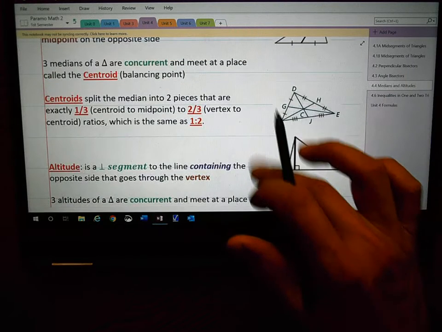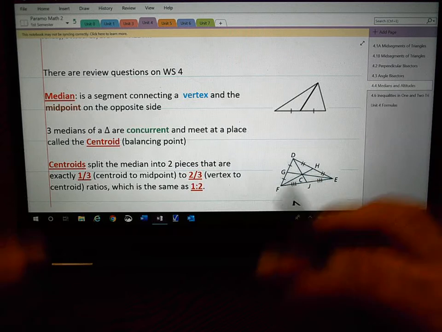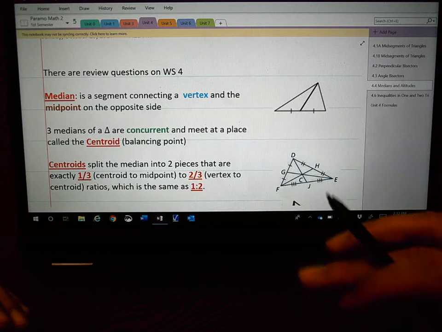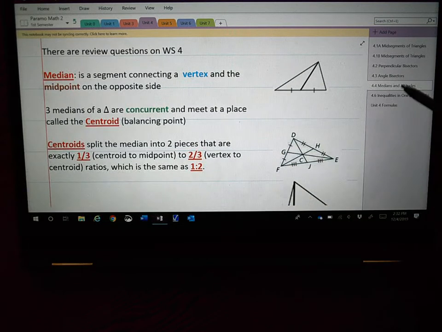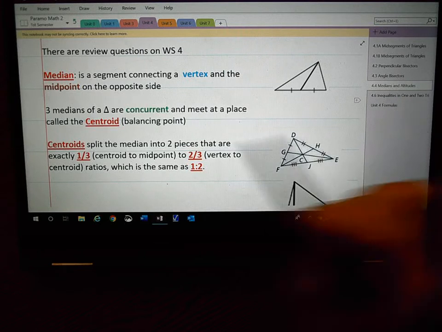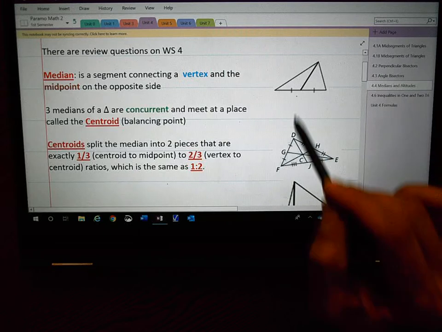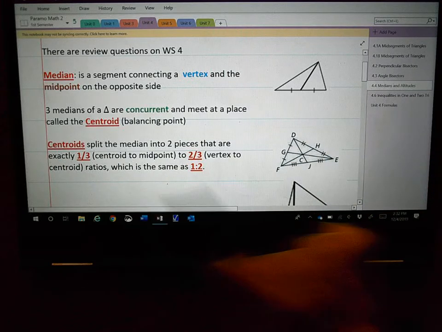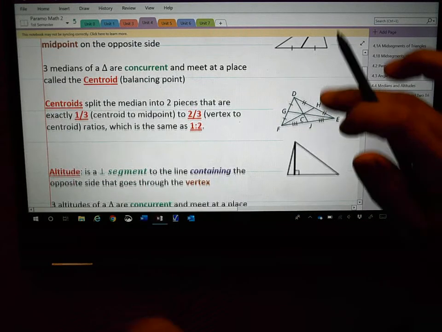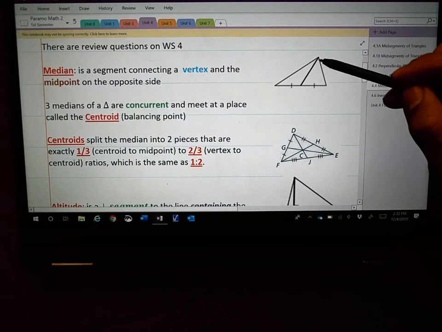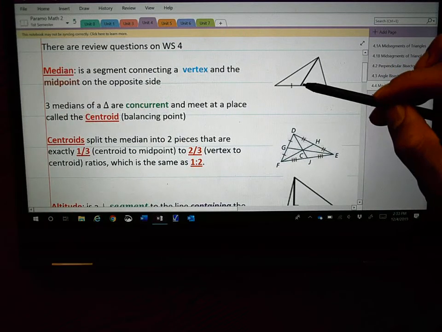So there are two other things that can cross that will create two other names and shapes, most of which will come from Section 4. Section 4 is medians. Where medians intersect, they cross at a point called the centroid. A median is defined as a segment that goes from a vertex to a midpoint.